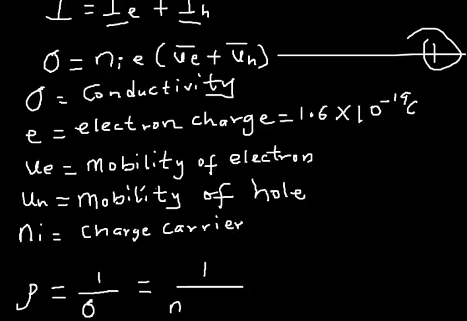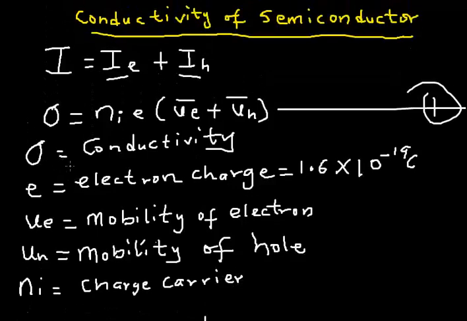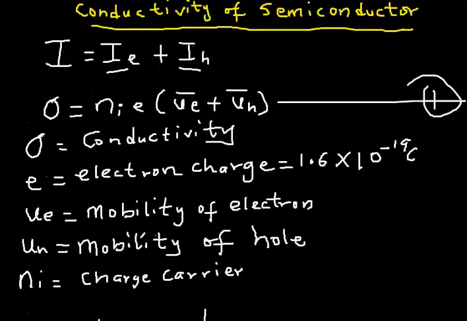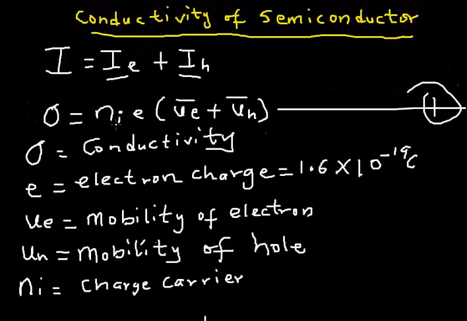I call it an intrinsic semiconductor because we'll talk about that; it's a pure semiconductor. n_i is for the intrinsic semiconductor, and we'll discuss why I call it that. Here I'm dealing with the conductivity of a semiconductor in its pure form. There are two types of semiconductor: the one in its pure form and the one in its impure form.